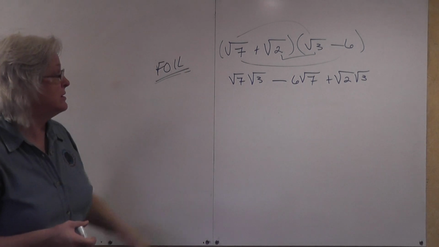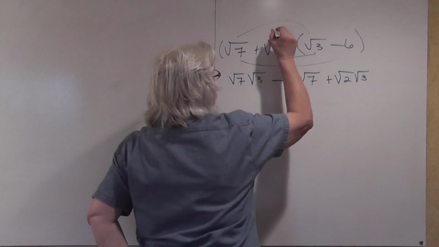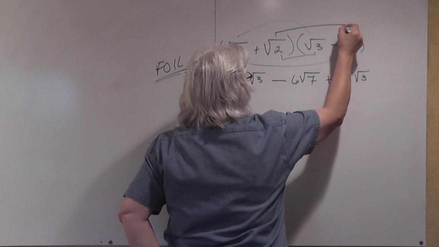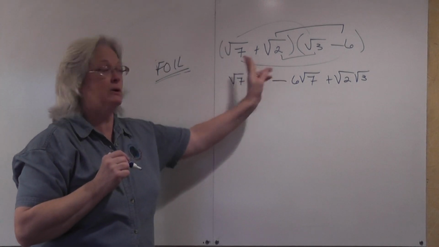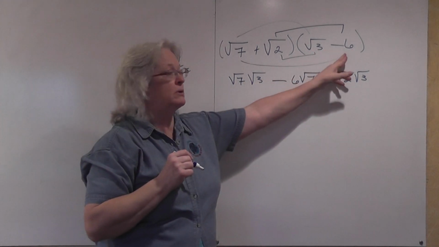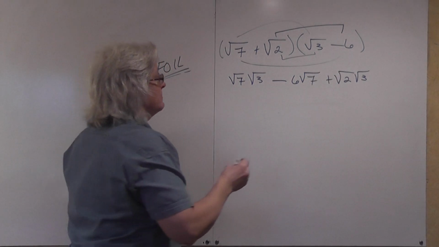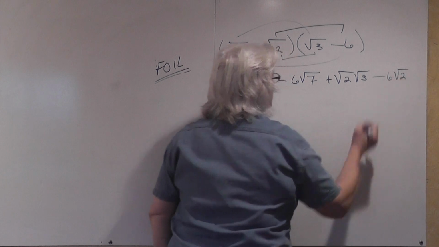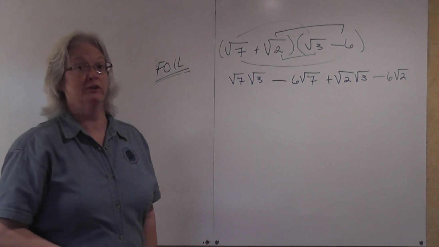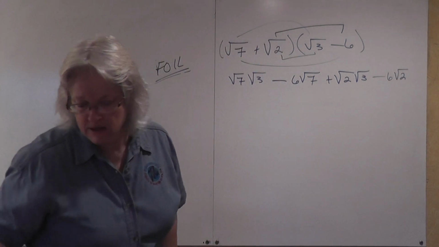Represented by the L, that's where we multiply the last terms together. Square root of 2 times a negative 6. That becomes minus 6 times the square root of 2. Okay?